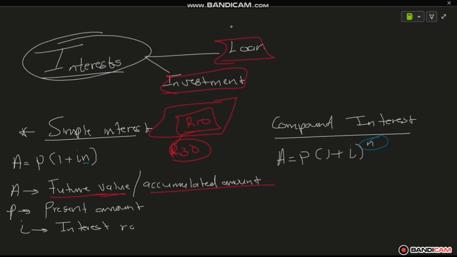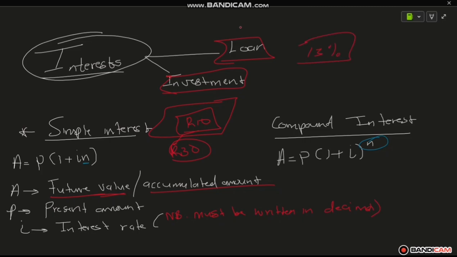Then we have i, which is known as the interest rate. But the most important thing here, you must know that the interest rate must always be written as a decimal. When they give you 20%, you don't just take that 20% and substitute it into the formula.